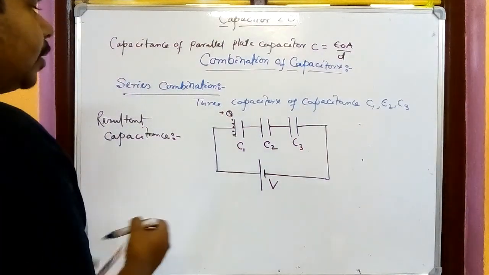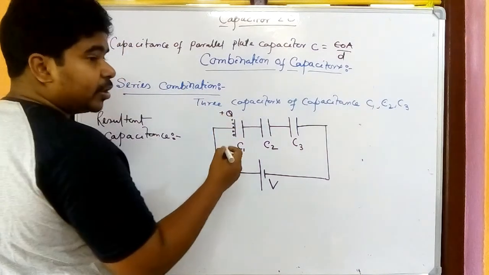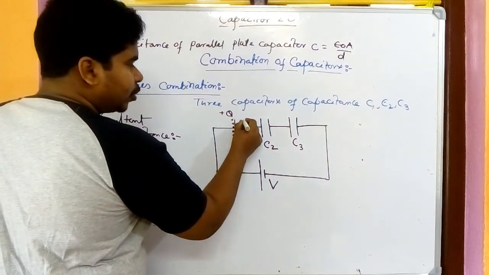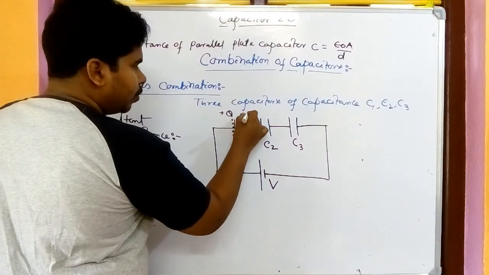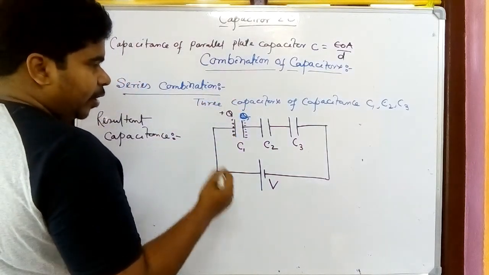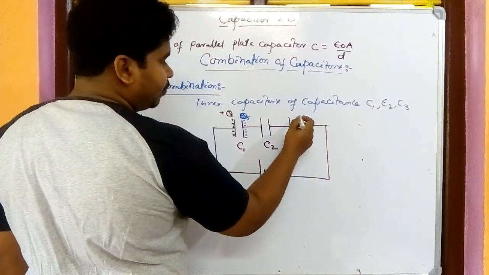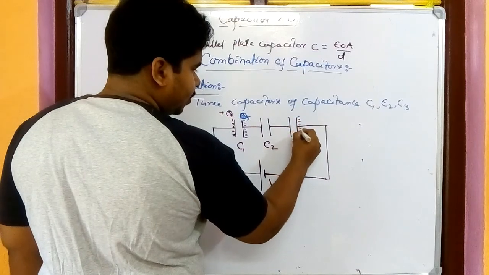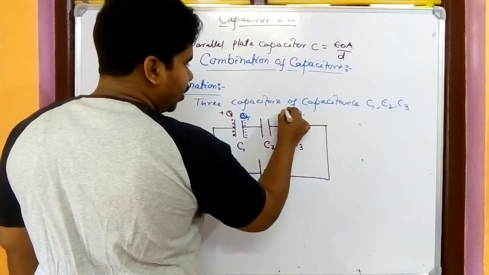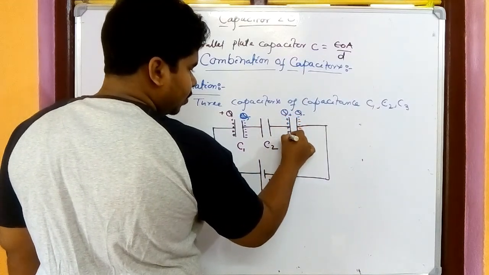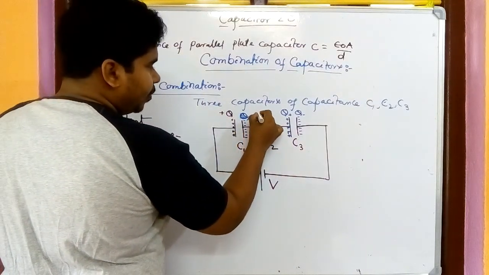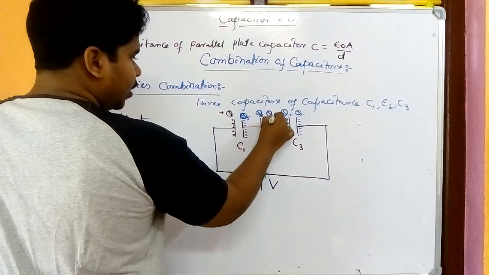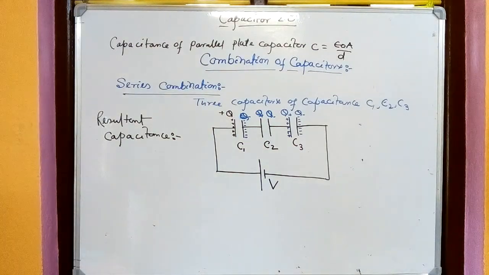Due to the plus charge, there will be a charge induction in the other plate, and that should be equal, that is minus Q. Similarly, on the other side the negative charges will come, so here minus Q, and here it will be plus Q. They are also the same: Q plus and Q minus charge will be generated.